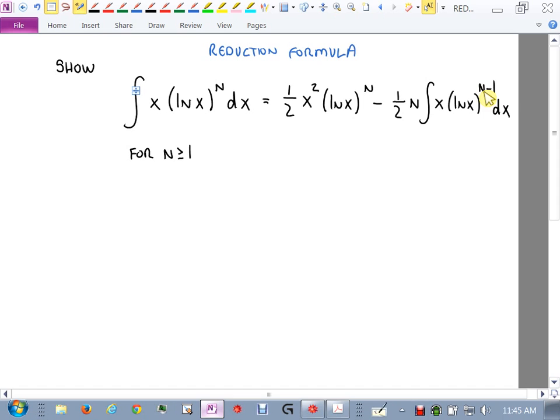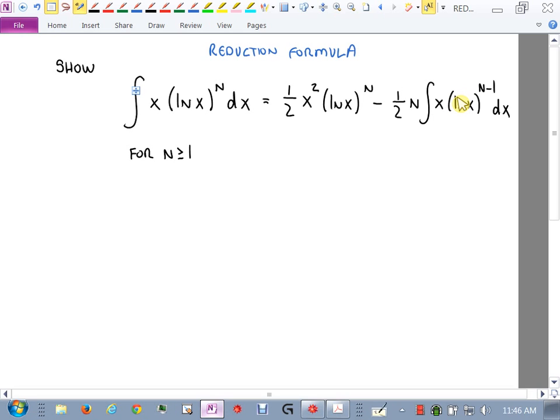Reduction, by 1 power. So let's say that this was x natural log x to the 3rd power. This new integral would have what? 2nd power. And how would I do that integral? I would use this formula again and reduce that 2nd power down to the 1st power.